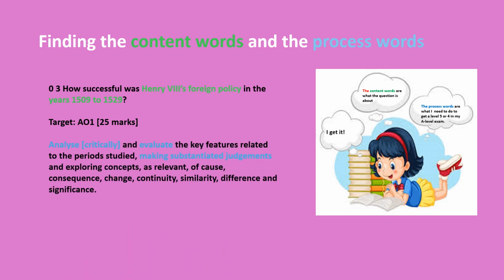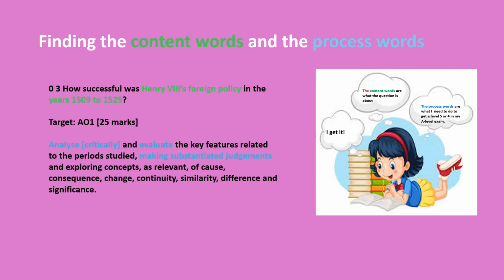The process words are what you need to do with the question to get your level 5 or 4. And it says analyse, and I say don't forget the critical bit, and we've just looked at a slide which demonstrates how to evidence critical analysis at A level, and evaluate, and we've also talked about what we mean by evaluation in terms of historical evaluation and how to make substantiated judgments and explore concepts as relevant.